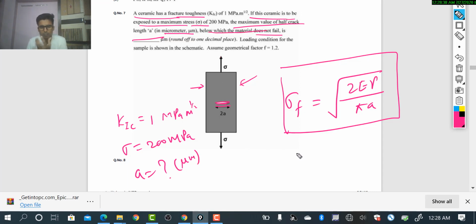So it is typically asking the crack length, at the maximum possible cracking where it can sustain the maximum fracture stress, that is sigma equal to 200 megapascal. So how are you going to solve it?